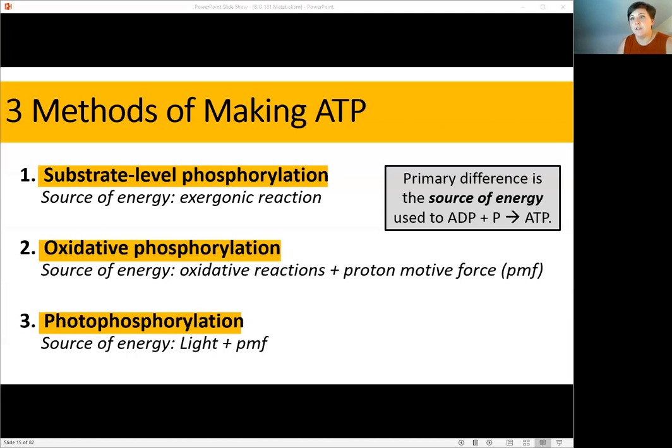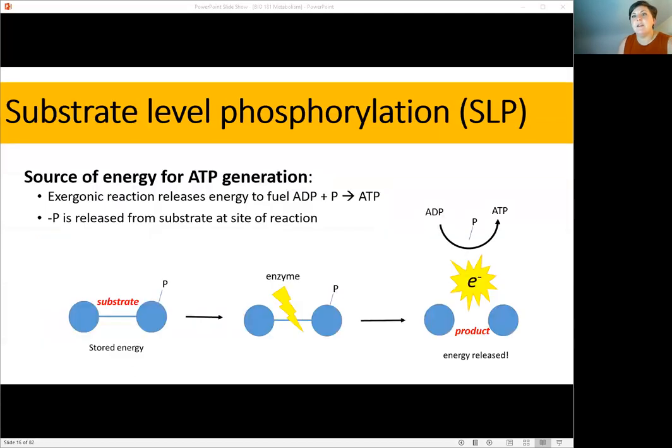Oxidative phosphorylation establishes a concentration gradient using electrons collected from enzymatically broken bonds, while photophosphorylation establishes a concentration gradient using electrons from bonds broken via light energy. Let's look at each of these individually and a little more closely. Let's start with substrate level phosphorylation.